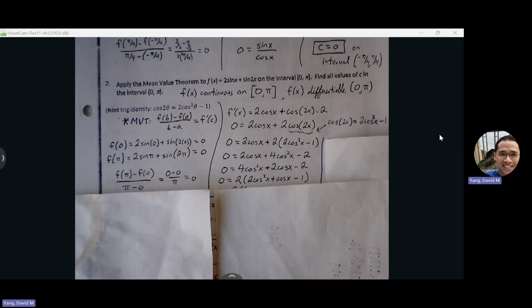2x squared plus x minus 1. This can factor to be 2x minus 1 times x plus 1, and then replace the x back with cosine.